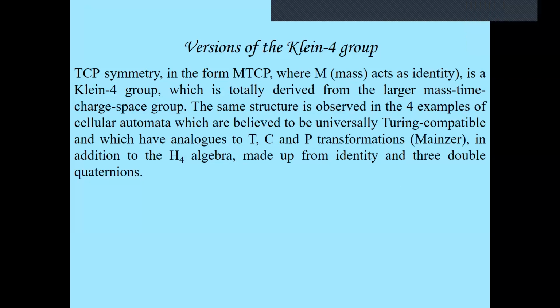And the same structure has been observed in cellular automata. When you get them universally Turing compatible, the four cellular automata that are universally compatible have analogs to TCP transformations. Mainzer did that work, and if I apply my ideas to that, I get Klein 4 as well.